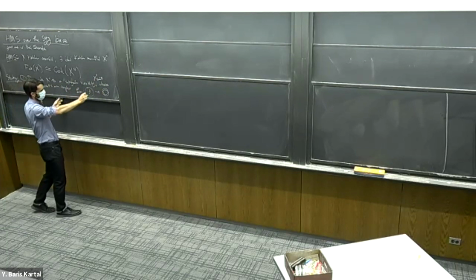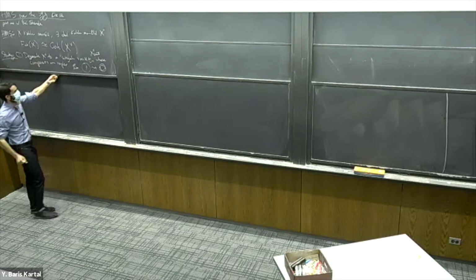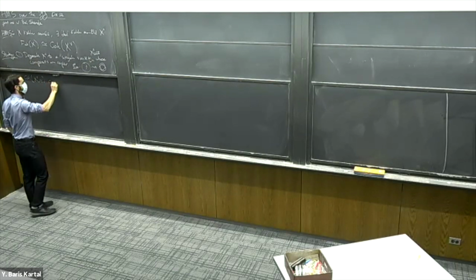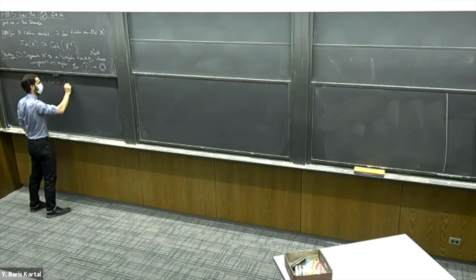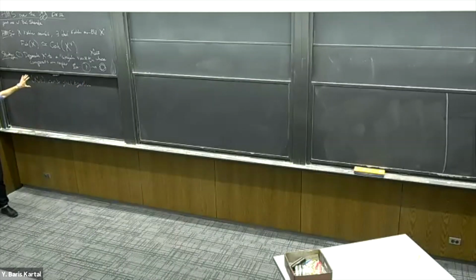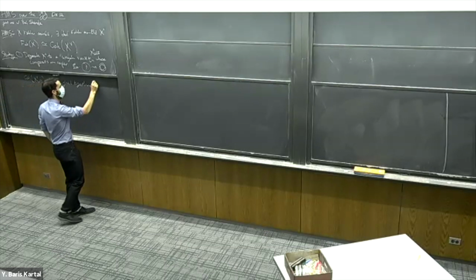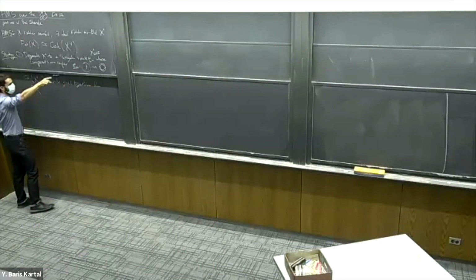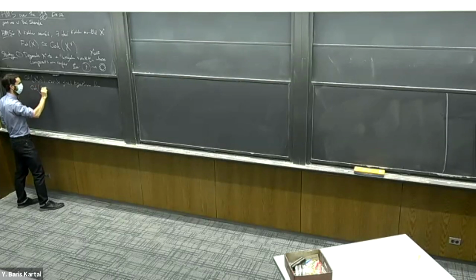I'm going to a limit in the algebraic moduli space of this variety. And the category of coherent sheaves on this variety can be glued together from the categories of coherent sheaves on the components of this variety.